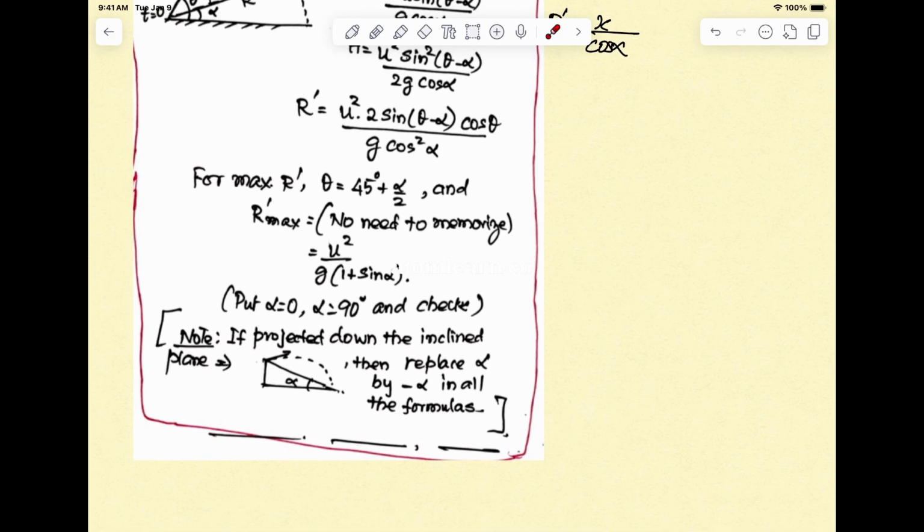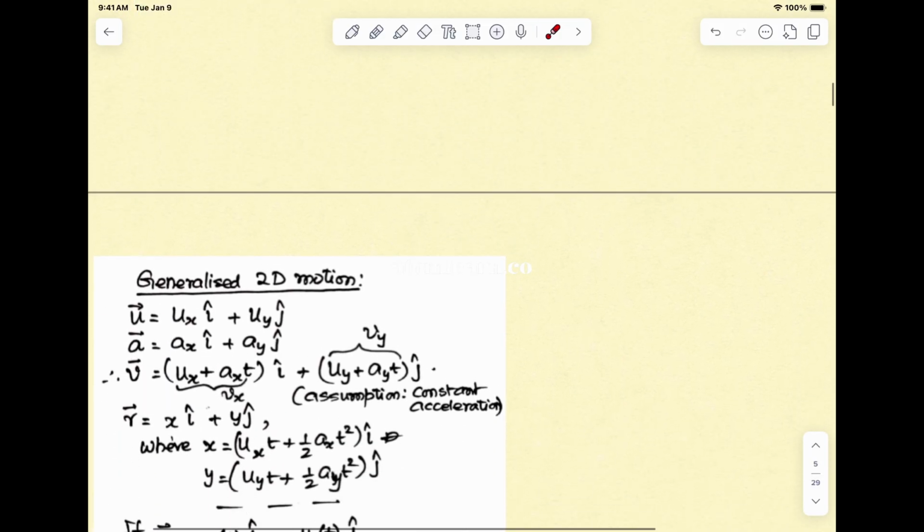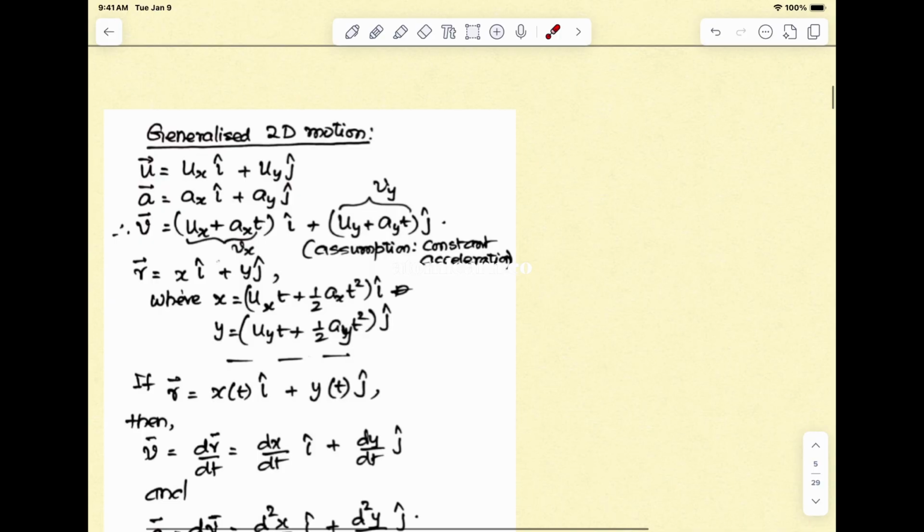Now the next concept we will have to revise is generalized motion. That means it's not a projectile, it is some motion of a particle on an xy plane that can have acceleration both along the x as well as the y direction. The acceleration can even be varying with time, not necessarily only constant acceleration.